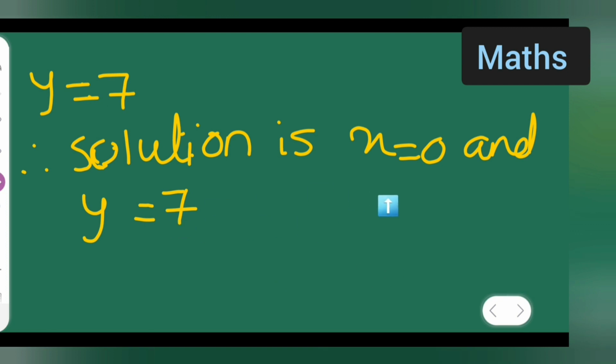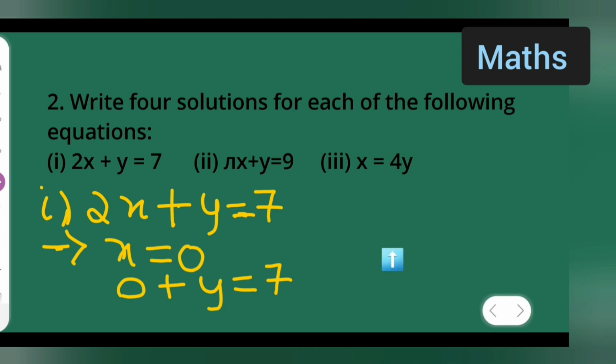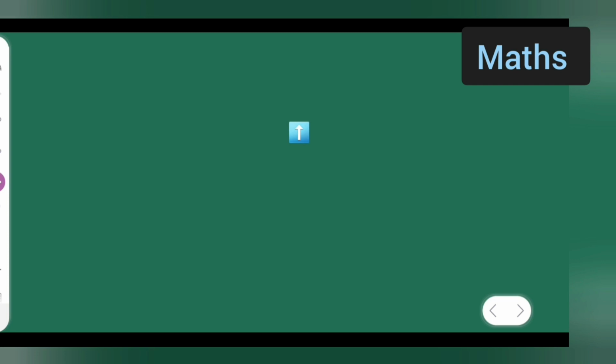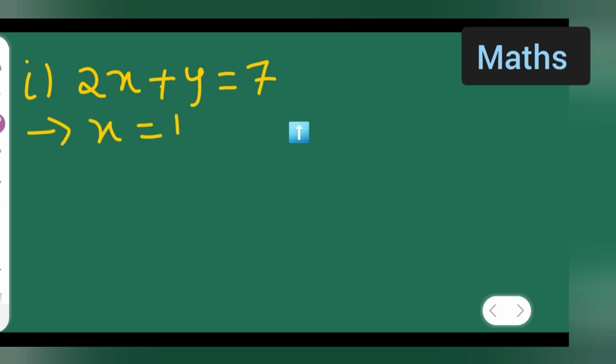Now let us see the second solution. Same question, 2x plus y is equal to 7. Here let me take x to be 1. If I replace x to be 1, what I am going to get is 2 plus y is equal to 7.